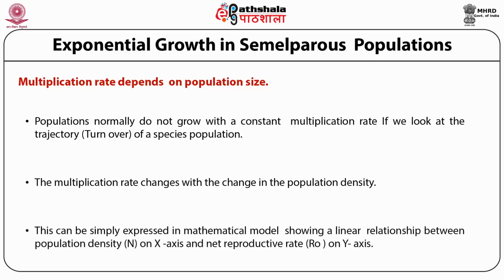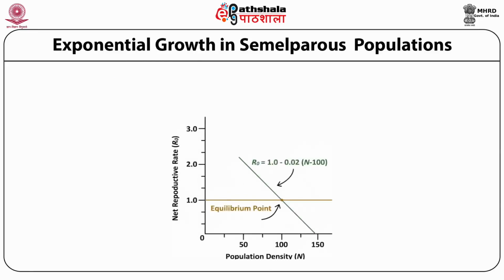This can be simply expressed in a mathematical model showing the linear relationship between the population density N on the x-axis and the net reproductive rate R0 on the y-axis.